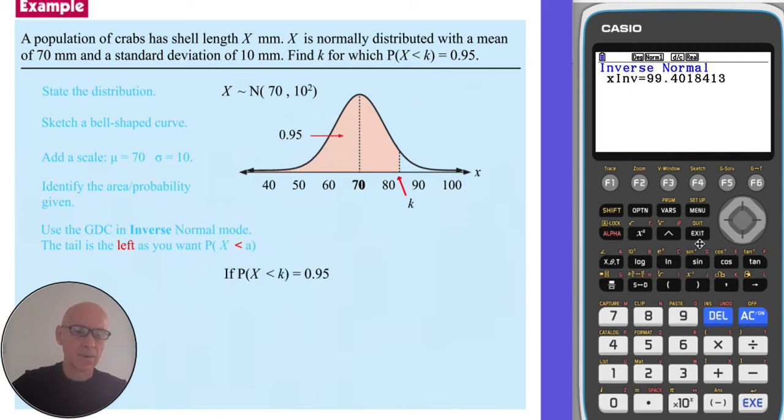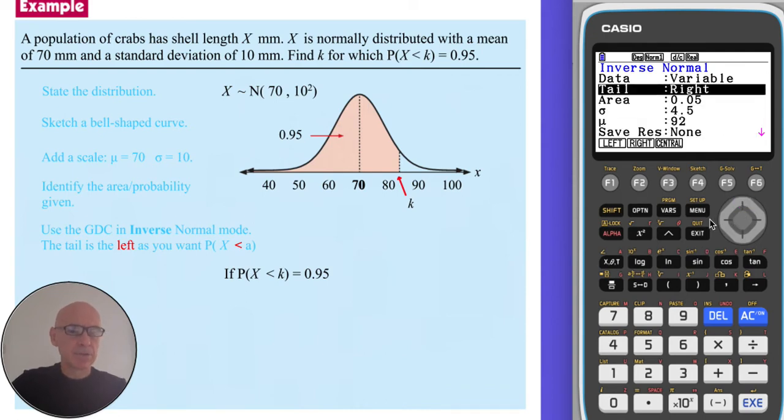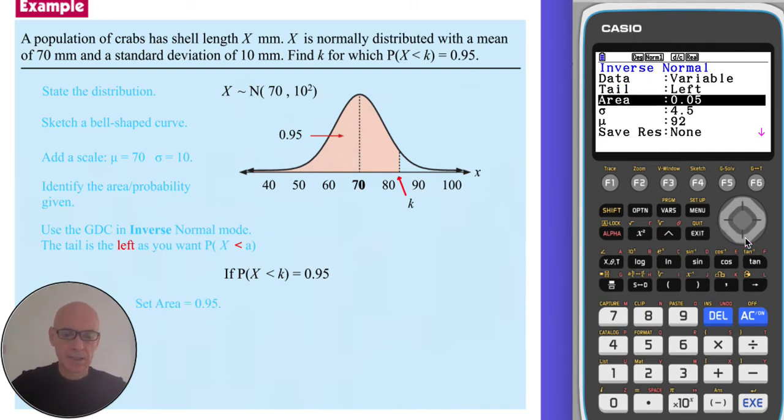So on the calculator, if I press exit and I scroll up, again make sure data is set to variable, and press F1 to select a left tail. Then if I scroll down and set the area to equal 0.95, the standard deviation to equal 10, and the mean to equal 70.